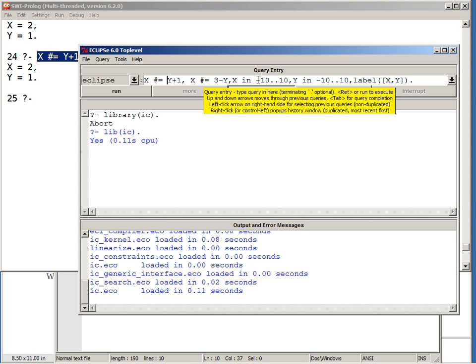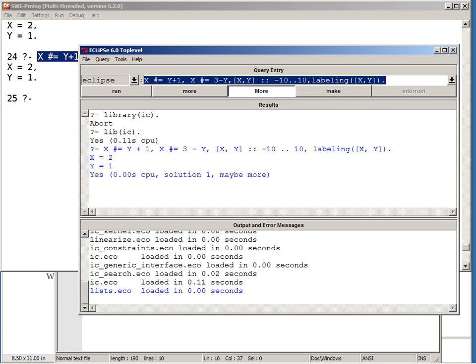So the predicates have the same name, hash equal, right? However, the in becomes double colon, and we can use a list of variables here, so we don't have to put the two variables in separate declarations. And the predicate would be called labeling. Because why would people agree? Okay? And we get the same solution.